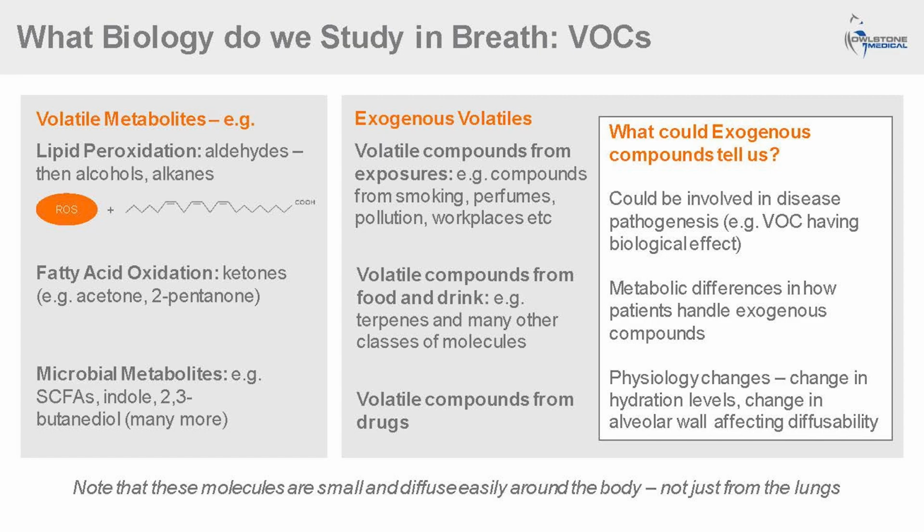However, VOCs can also be generated by exogenous compounds that get into our body through exposure, for example through smoking, using perfumes, pollution, or exposure in the workplace. Also, with our diet, we ingest several VOCs. For example, if we drink a glass of orange juice, we are ingesting terpenes that are exhaled in the breath.